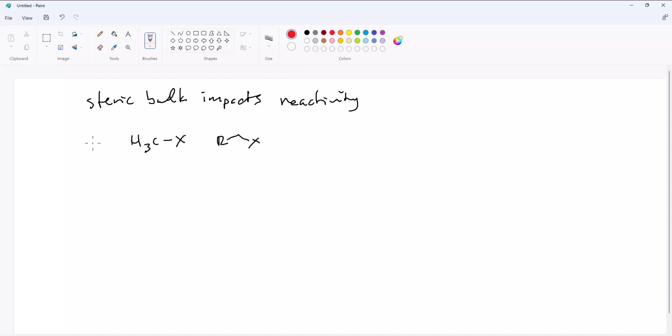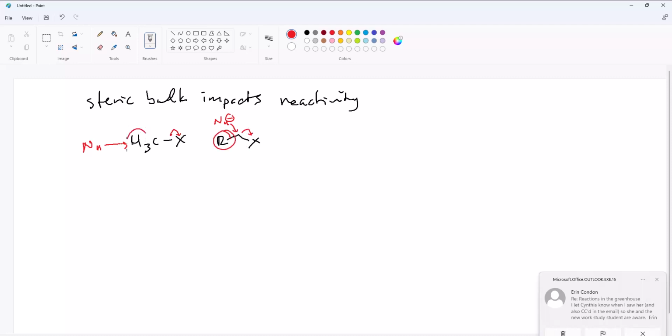But also, it is true because if we have a nucleophile attacking, we don't have much on the other side that's blocking this backside attack. We have an R group, we have 3 hydrogens. We don't really have much steric bulk blocking this nucleophile from coming in and doing backside attack.